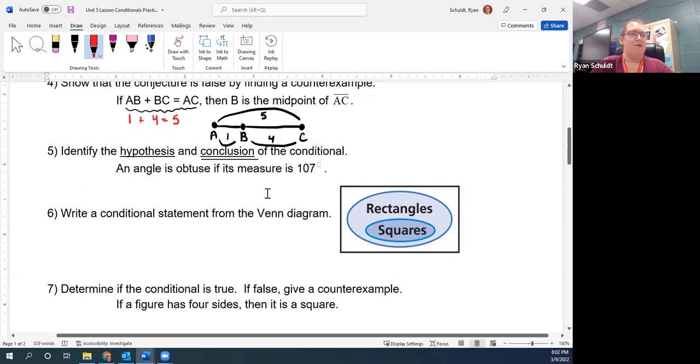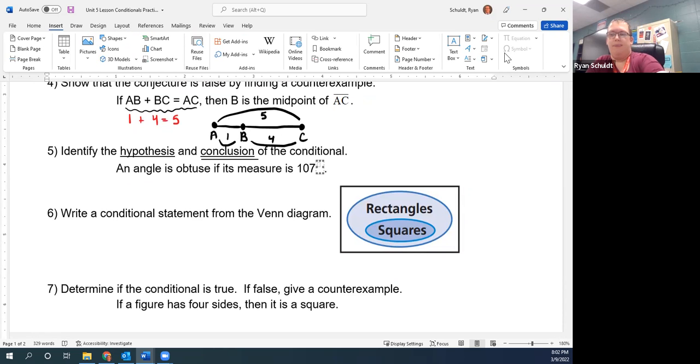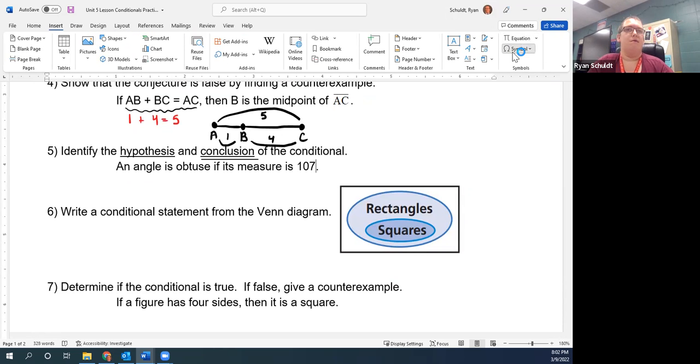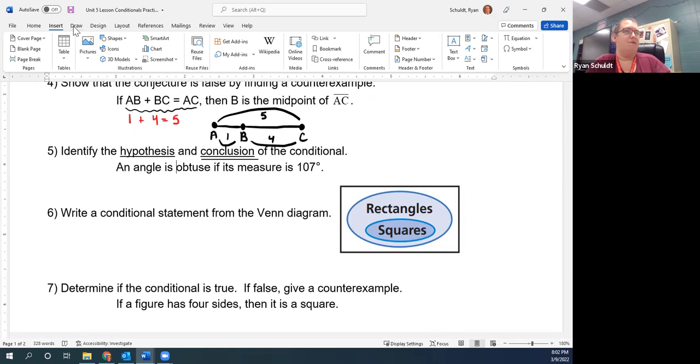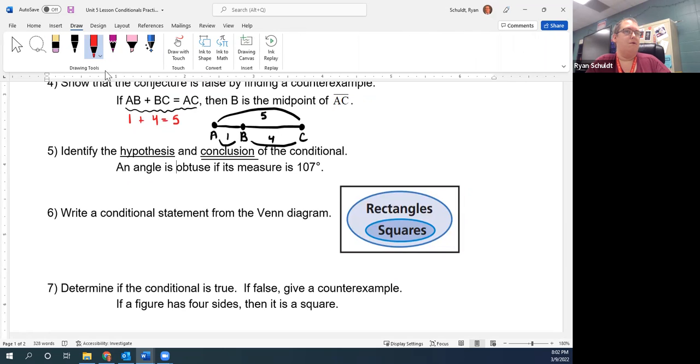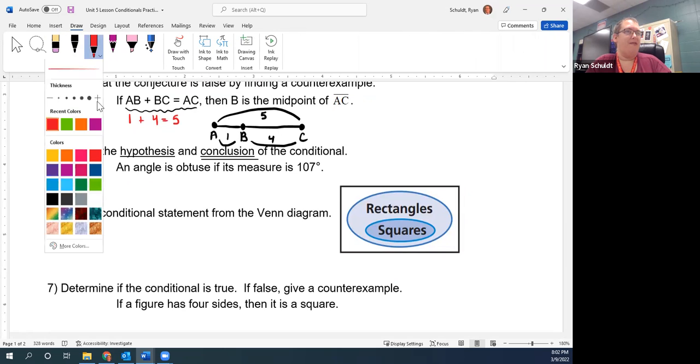Now they ask us to identify the hypothesis and the conclusion. The angle is obtuse if its measure is 107 degrees. What word signifies the hypothesis? If.